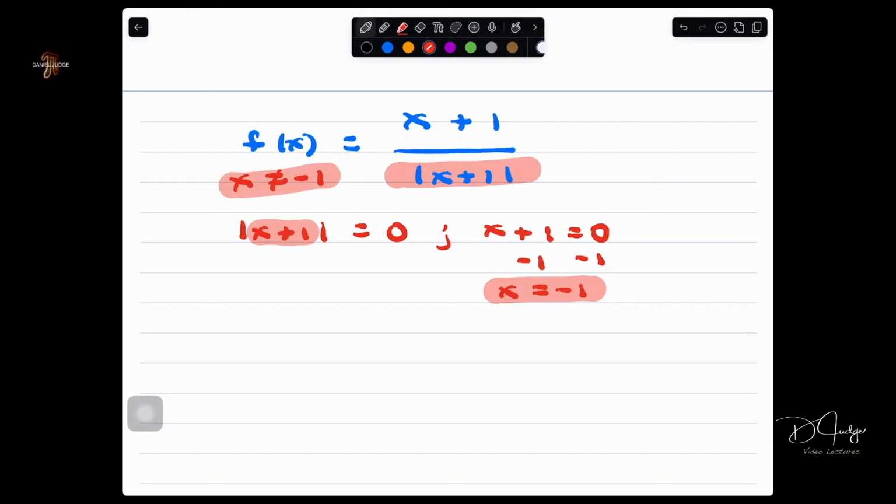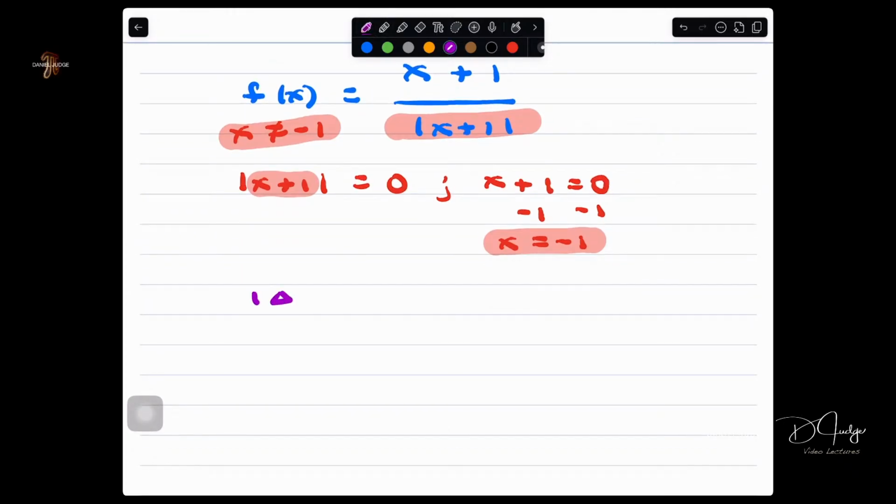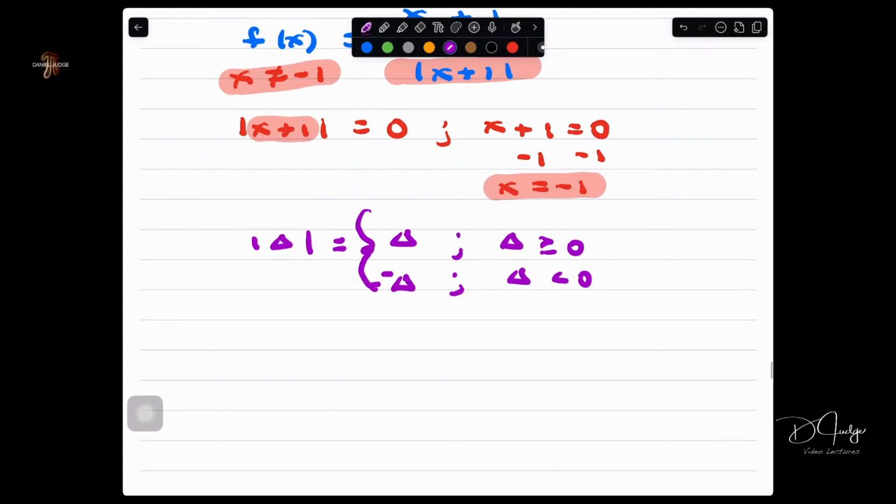So use what we talked about in terms of the definition of a piecewise function, meaning the absolute value of anything is that thing when it's greater than or equal to 0, or it is opposite when it is less than 0. It's defined piecewise. Let's make sure there's a negative there. So when we put this together, you get x plus 1 divided by the absolute value of x plus 1.